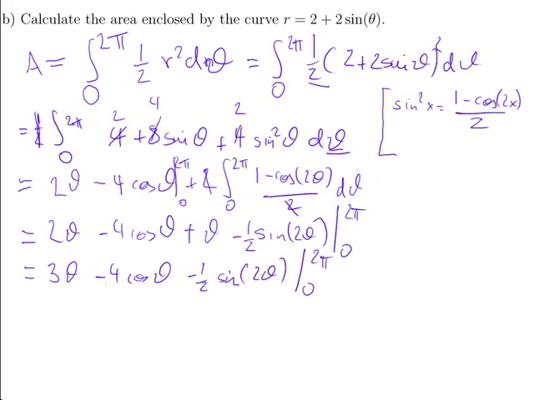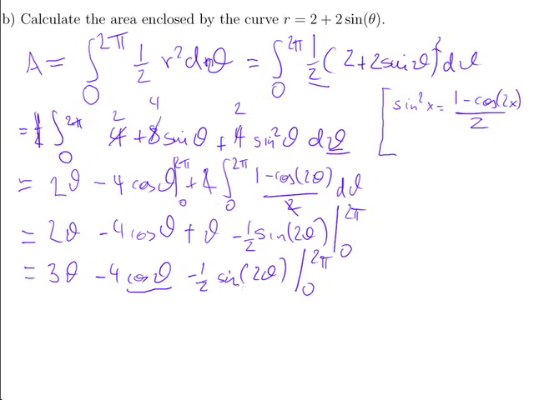Now we could evaluate all these terms separately. That would not be that hard, but would be a lot of terms to write down. But let's notice something. Cosine θ has the same value at 0 and 2 pi.